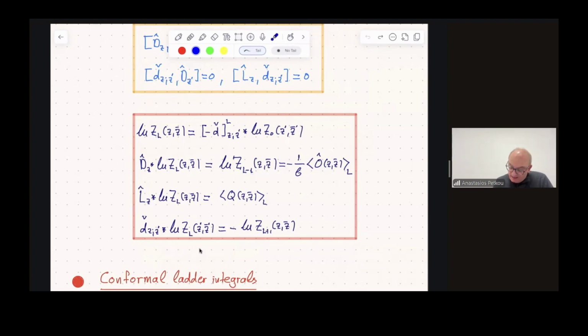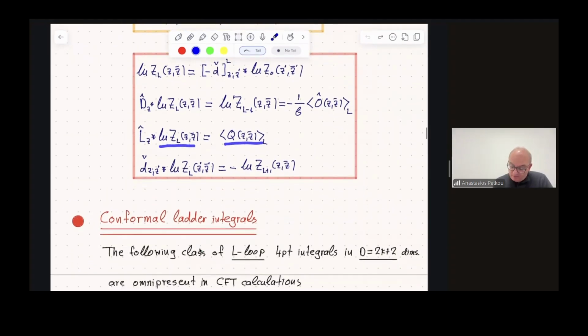But this guy is the thermal 1-point function of my operator, which is actually phi squared, in dimensions D. So I learn that the thermal 1-point function in dimensions D is equal to the free energy in D minus 2. If I act with LZ on log Z, I get the expectation value of my other operator, my spin operator.